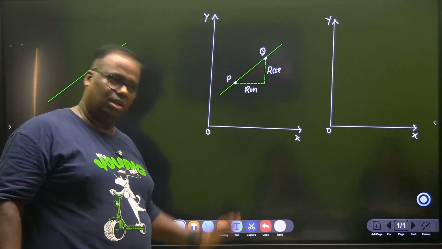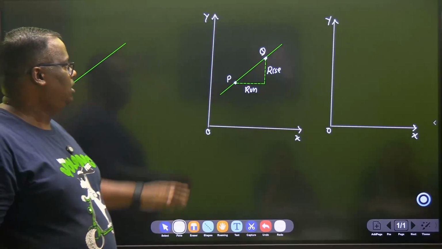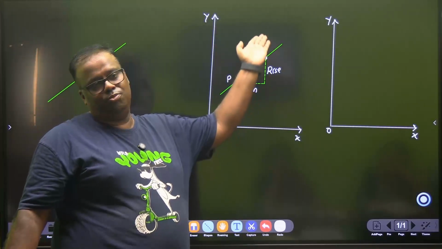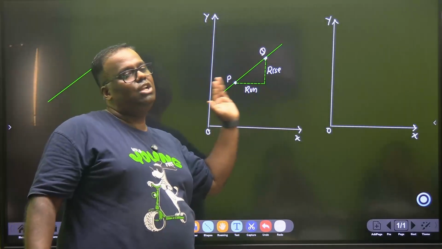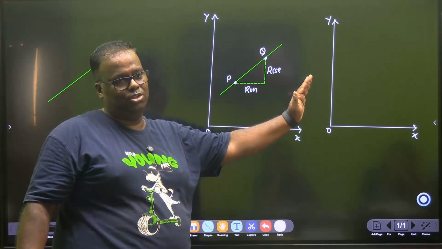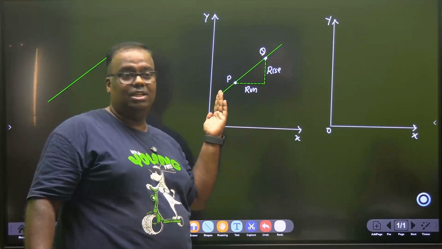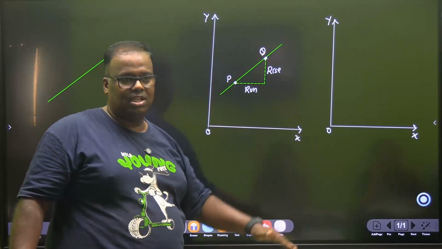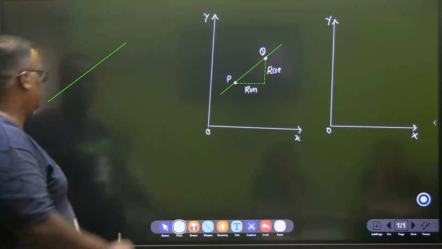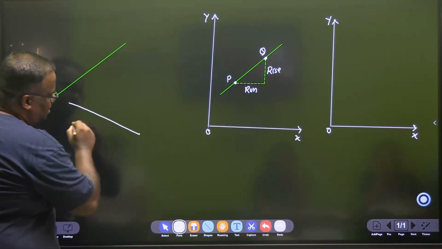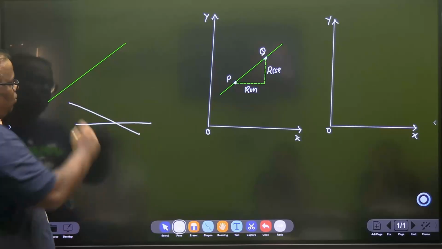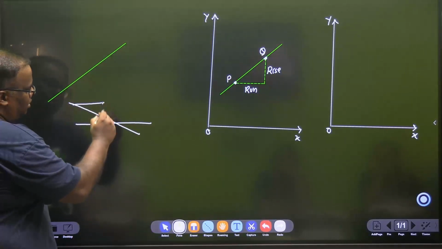No issues? Clear? Okay. Now, all rise taken upward is positive. All run towards the x-axis this side is positive. If you run this side, then it is negative. If you rise this side, it is negative. Say, for example, my line was like this, right? And now you want to calculate rise over run.